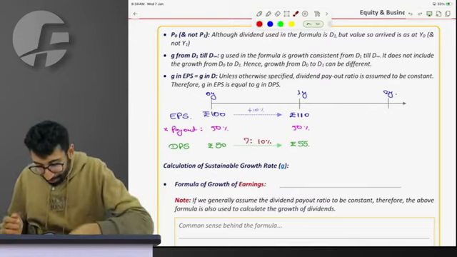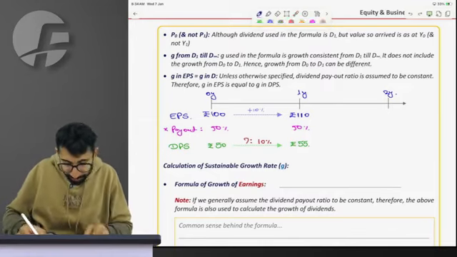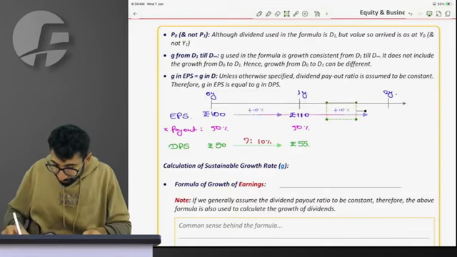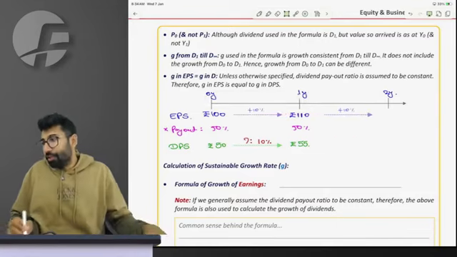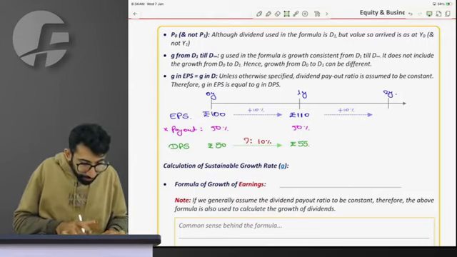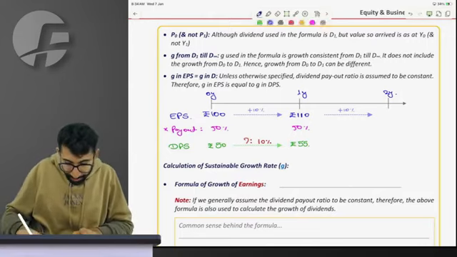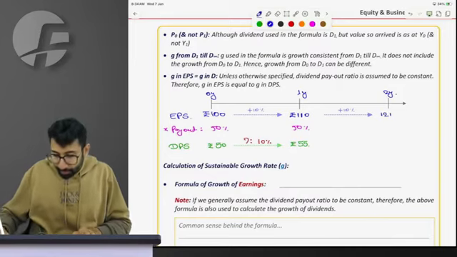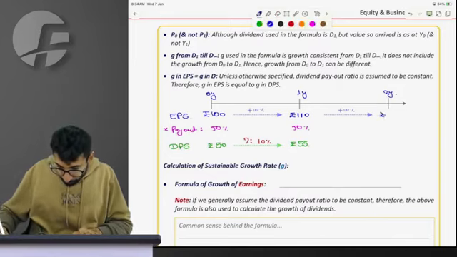So now let me tell you that if my earnings again continue to grow at the rate of 10%. In that case, what happens? 110 plus 10% is 121, which will be my EPS for the second year end, rupee 121.